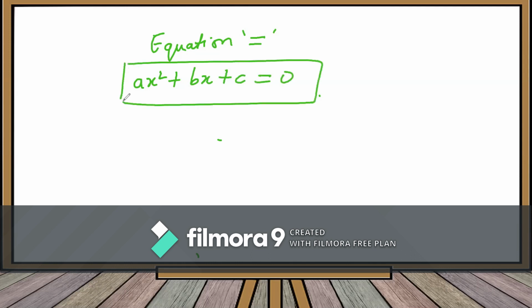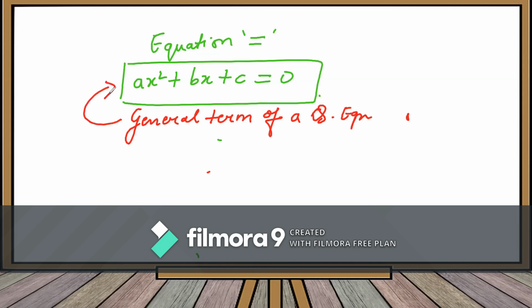This is my quadratic equation, or I can say this is the general term of a quadratic equation. General terms are very important because when we do relationships with coefficients and roots, the general term would be very necessary, right?